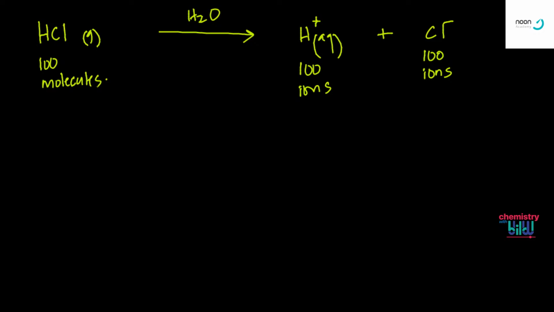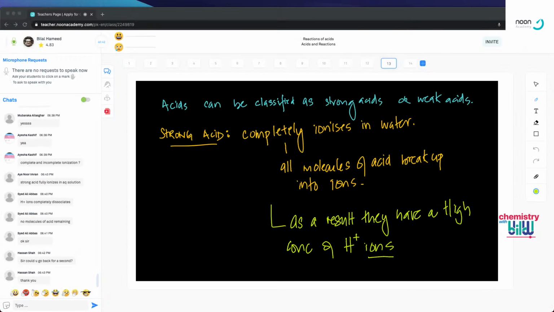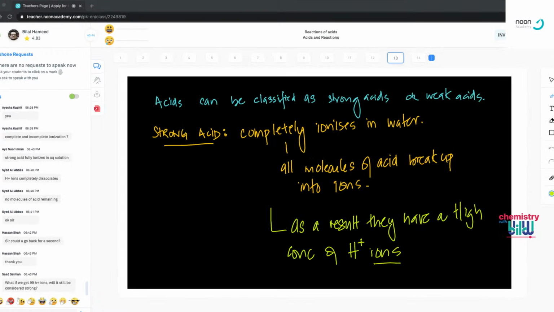That's what we get. Could you go back for a second? Yes, I could, Hassan Shah. Absolutely, son. You mean this right here? Absolutely. Yeah. All right. Sorry about that.